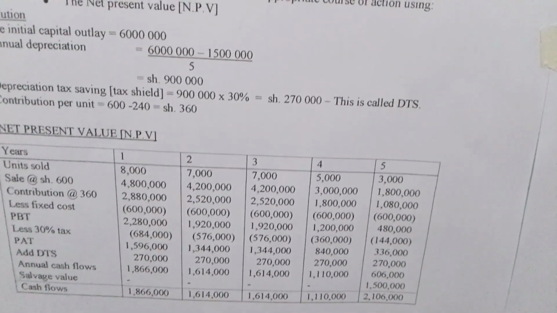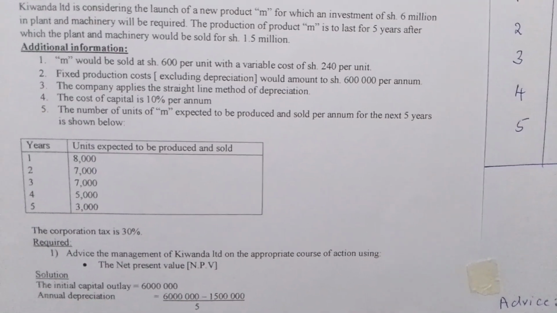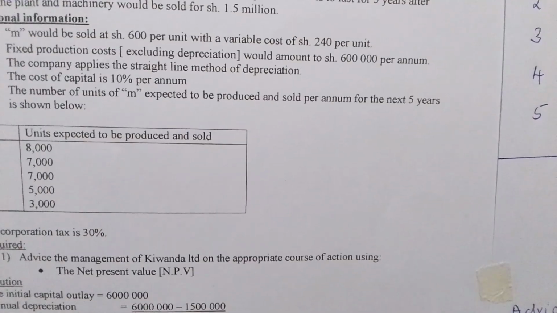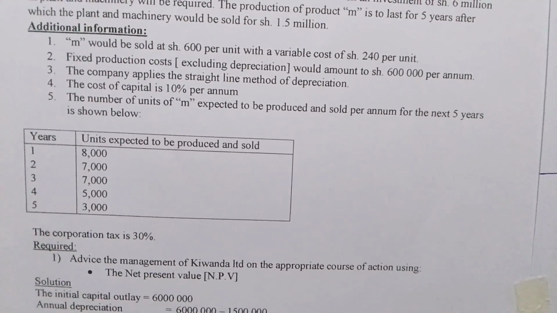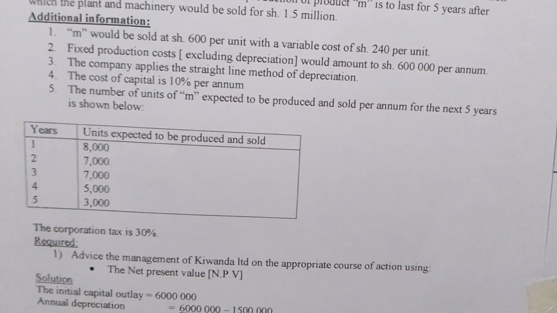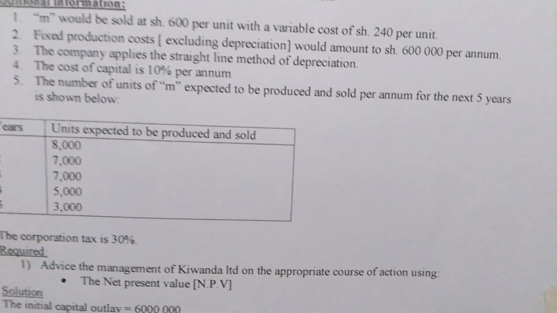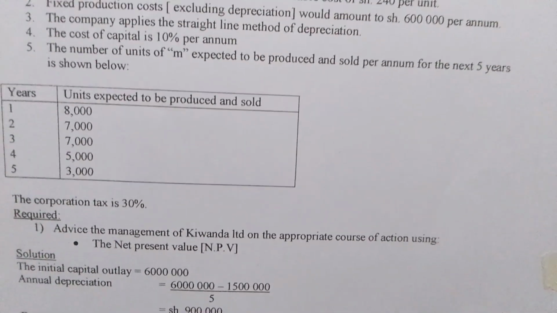We have been told in additional information number 2 that fixed production costs, excluding depreciation, would amount to shillings 600,000 per annum. So this 600,000 does not include depreciation. We have gotten our depreciation as 900,000.